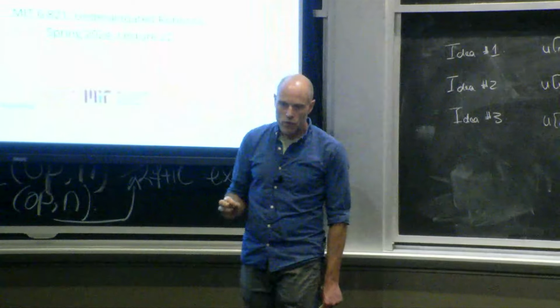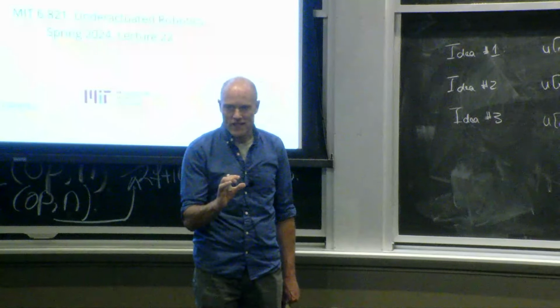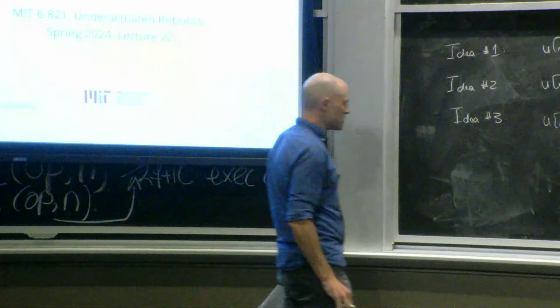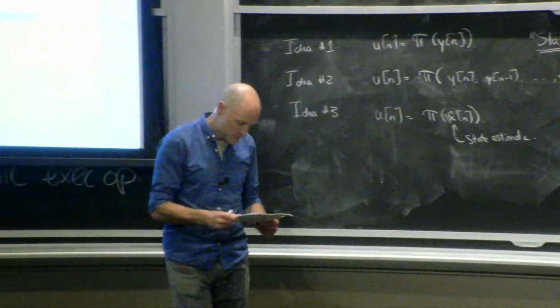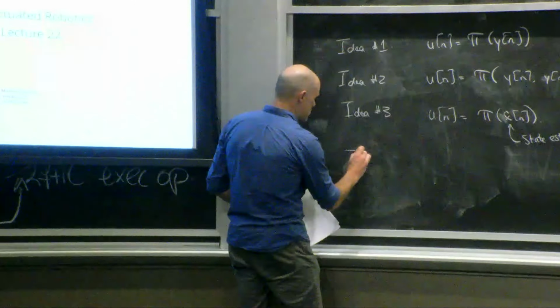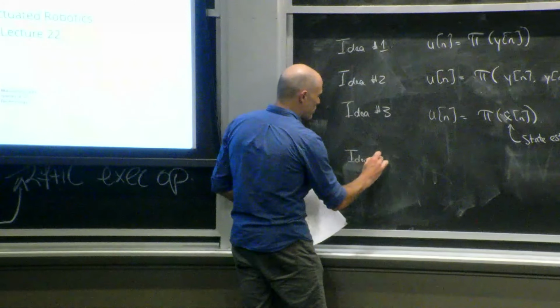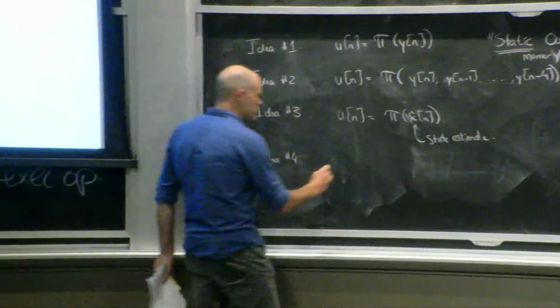Right, I'm going to write one system that takes maybe histories of y's and estimates the state x, and then I'll use my full state feedback controller. Okay, that's another good idea. And there's a few more we'll go through, but I kind of want to just give the high level perspective here.